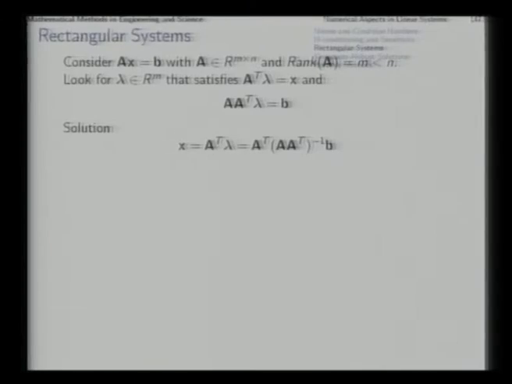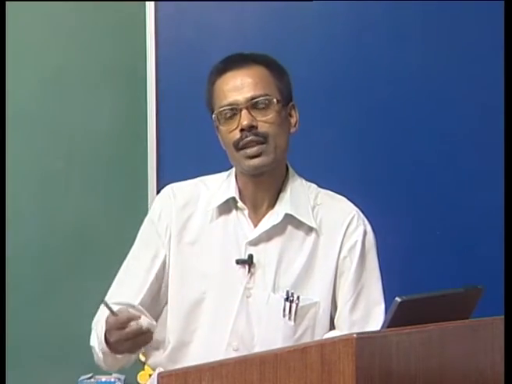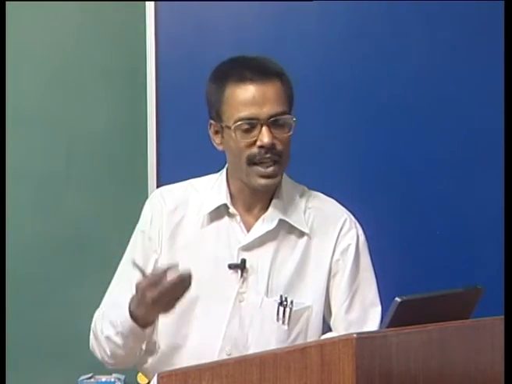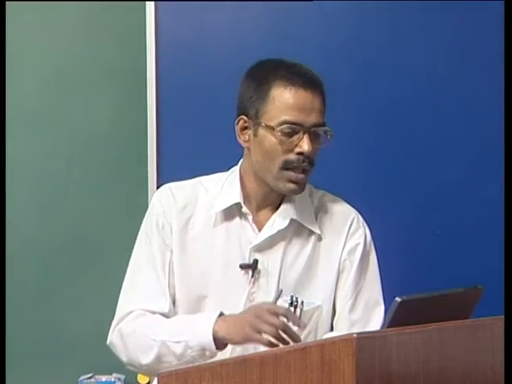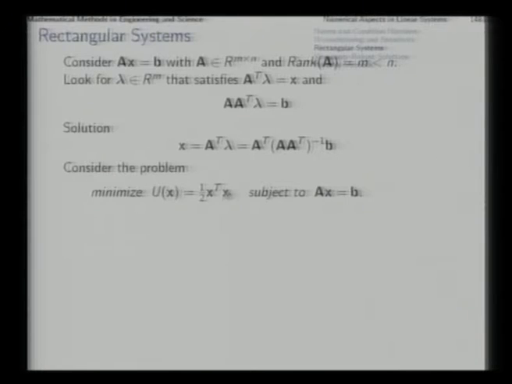Now, again last time we found that the particular trick with multiplication with A transpose had a meaning in terms of minimization of error. What is the meaning here? To discover that meaning, again you consider this small optimization problem. This is a constrained optimization problem. You try to minimize the size of the solution itself, x mod square, half of that, subject to these equality constraints, which is actually the system of equations that you wanted to solve.